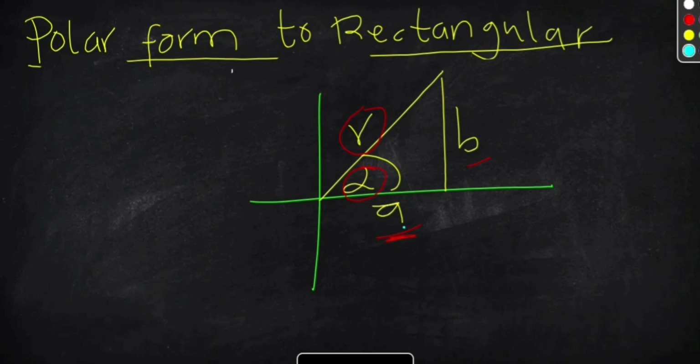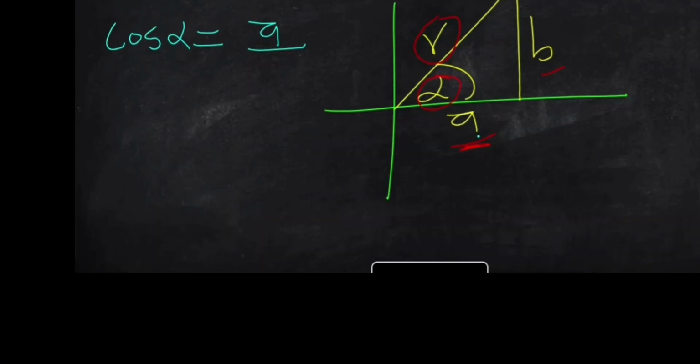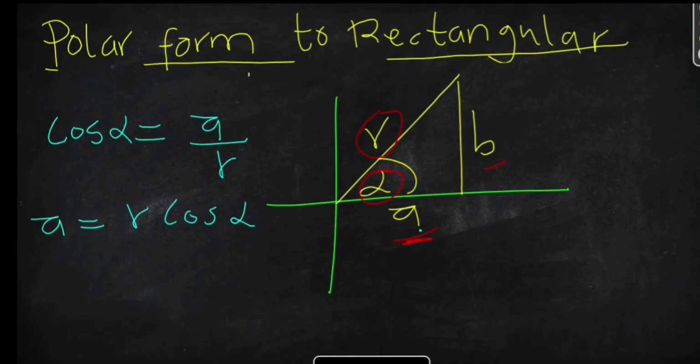So taking our angle, we have cos alpha equals adjacent, which is A, over our hypotenuse r. So making A the subject, we have A equal to r cos alpha.